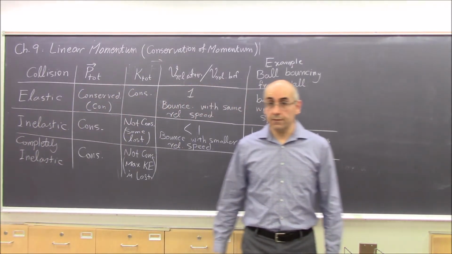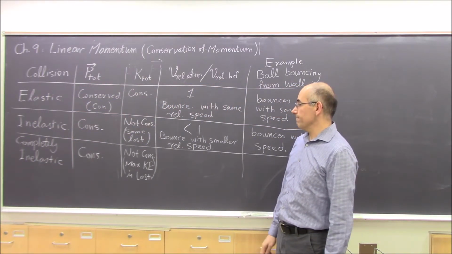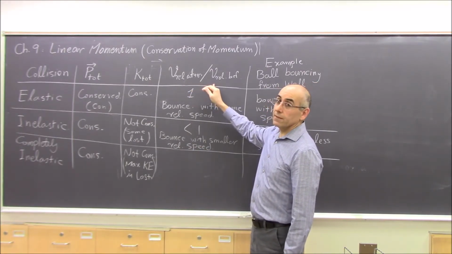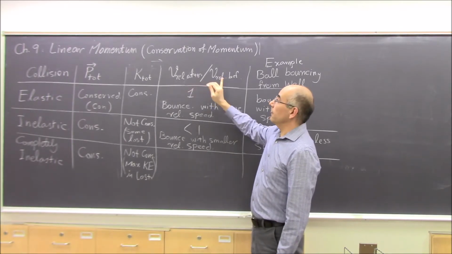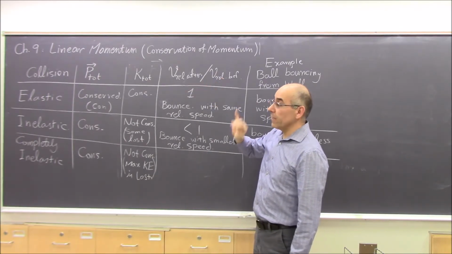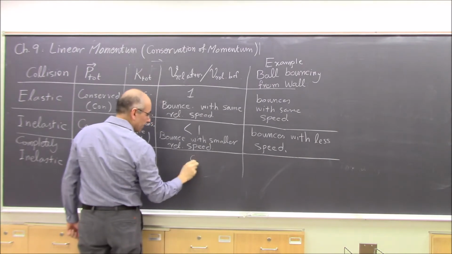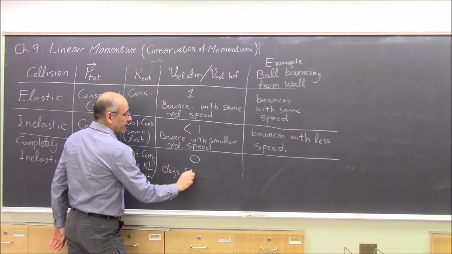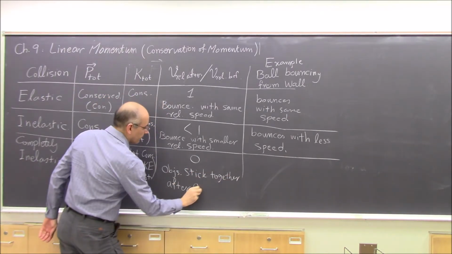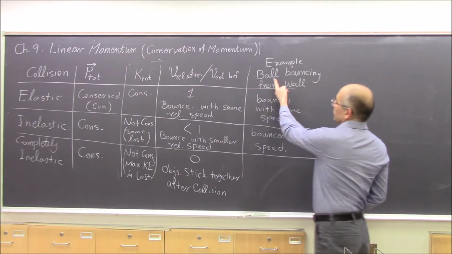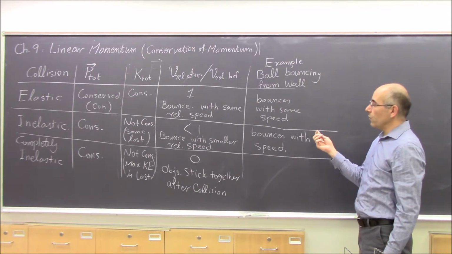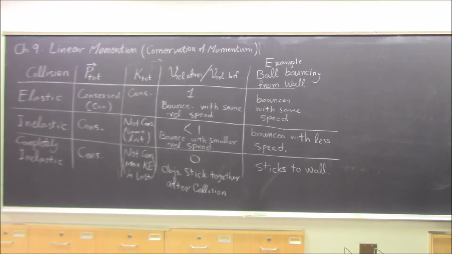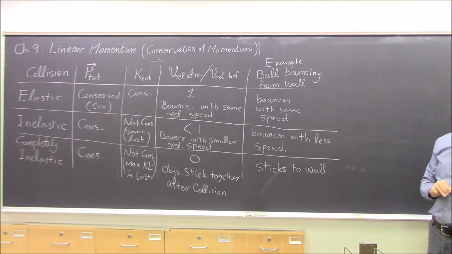Not all of it is lost, maximum is lost. And then, relative velocity after divided by relative velocity before is 0. Means that objects stick together after collision. For the example of a ball bouncing from a wall, it doesn't bounce back, it sticks to the wall.